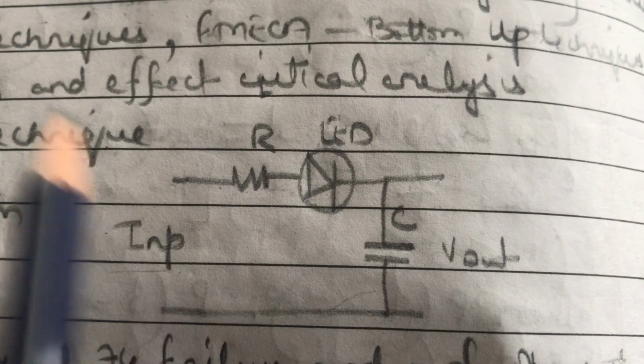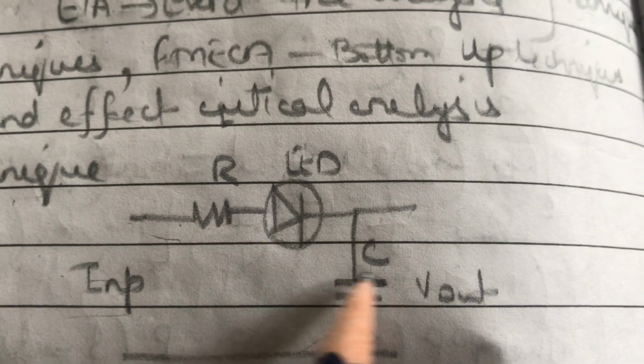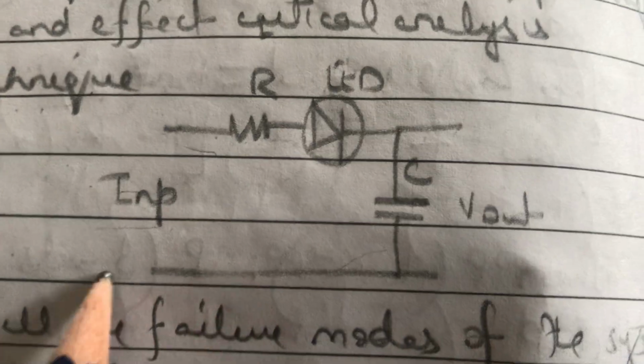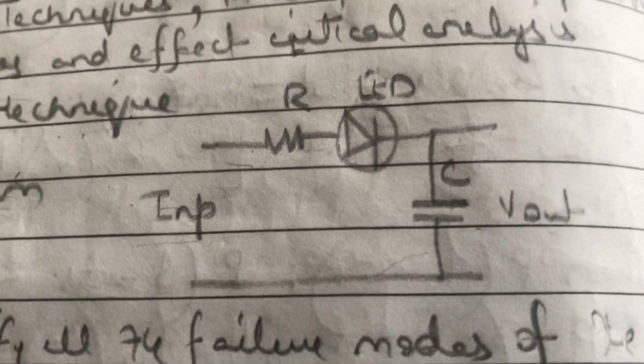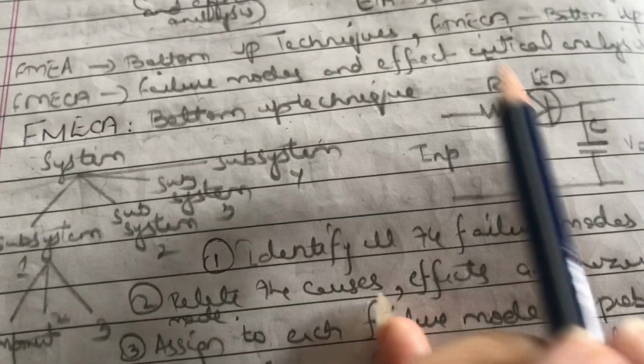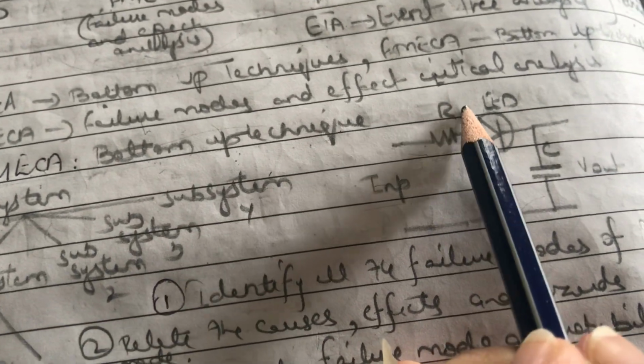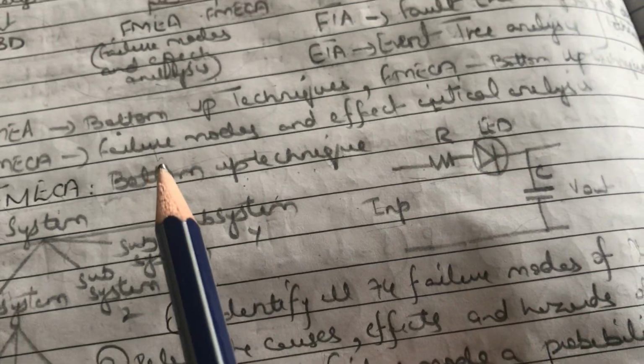Here we have input voltage, a resistor, an LED, a capacitor, and the output voltage. This is our circuit, and since this is a bottom up technique, first we are going to work on component 1, that is our resistor.